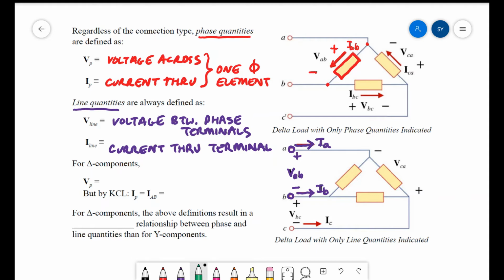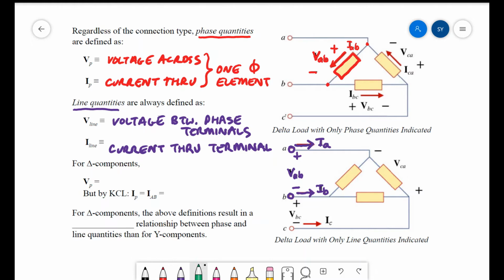If you recall from the last lesson on Y components, there was a conversion factor that was required for voltage, but the currents were identical. We actually have the opposite relationship here with the delta connected component. If we look at the phase voltage for a delta component, we already stated that this was, for example, VAB, because it was across one leg.